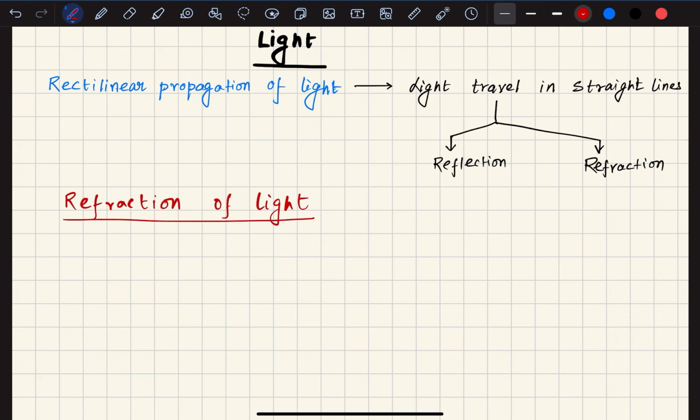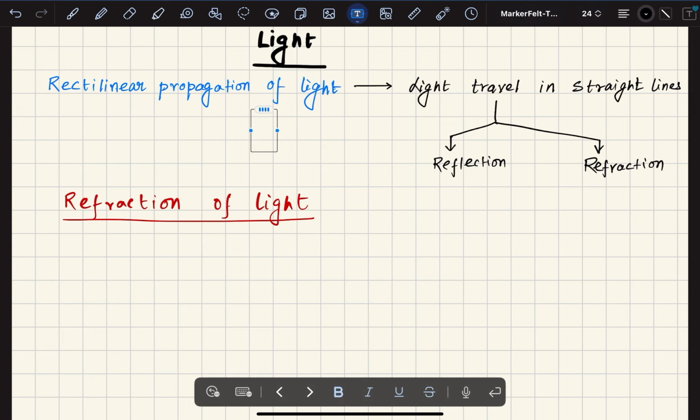Whenever light travels in a straight line, this total field or total topic where light travels in a straight line can be called ray optics. Ray optics, okay, it's important.